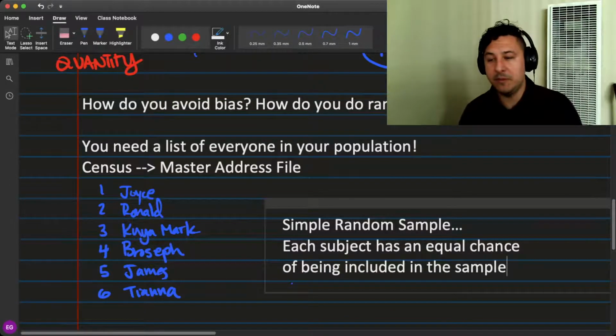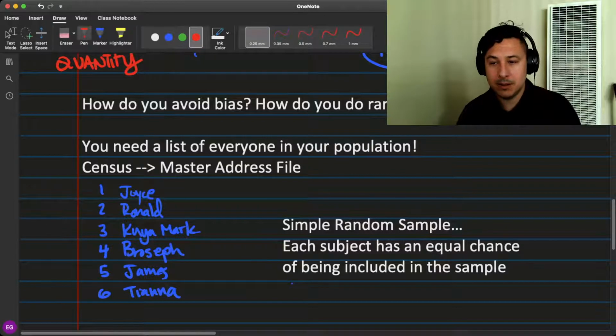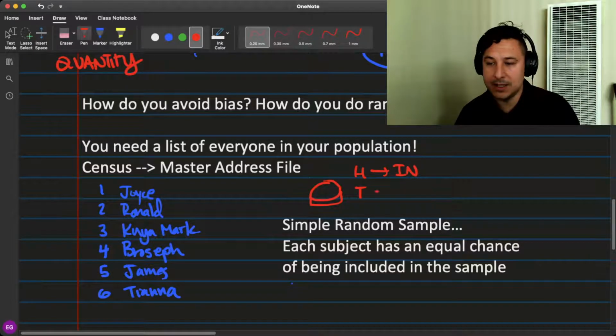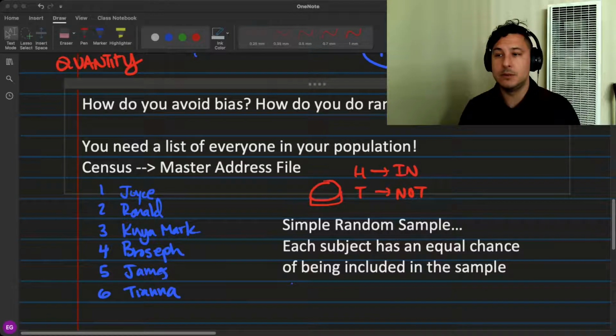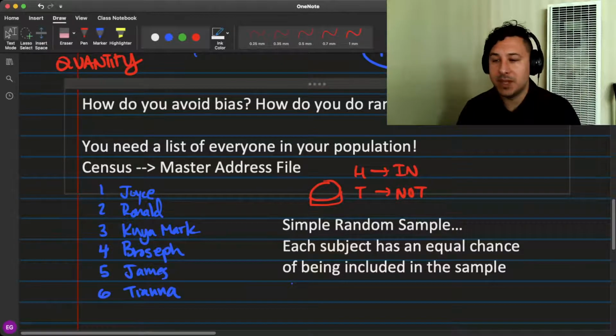So for instance, if you're flipping a coin, let's say the way it works is that if it comes up heads, that means you're in the sample. And if it comes up tails, you're not in the sample. What's the chance that any given person will be included in the sample, if you're using a coin to determine this? Yeah, exactly. So does it make sense?